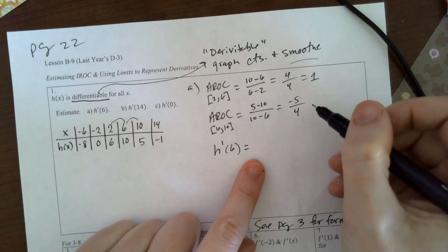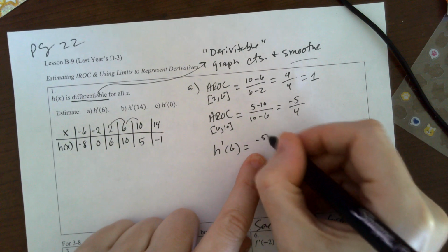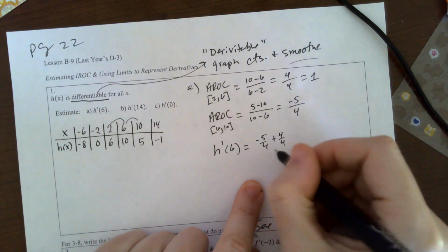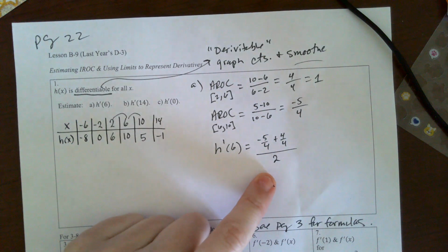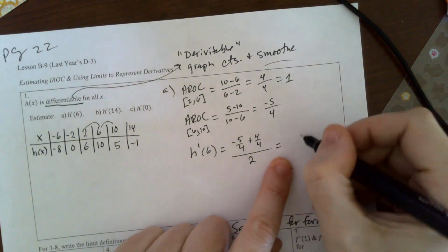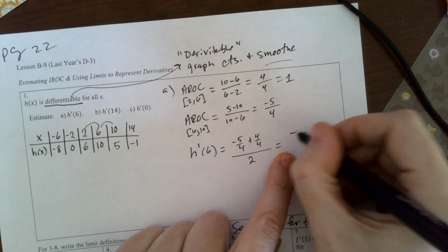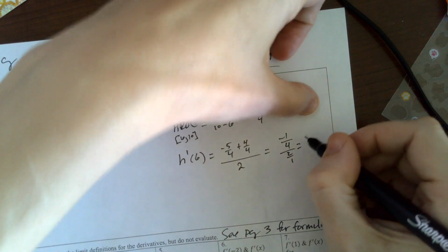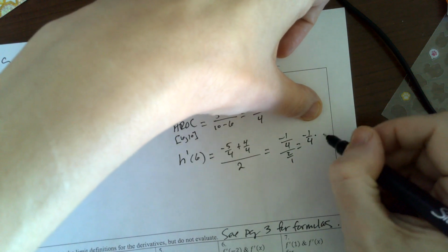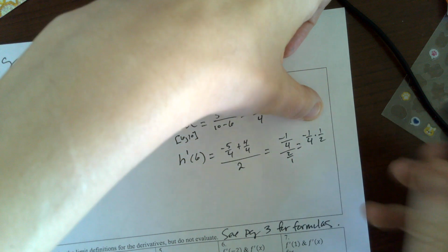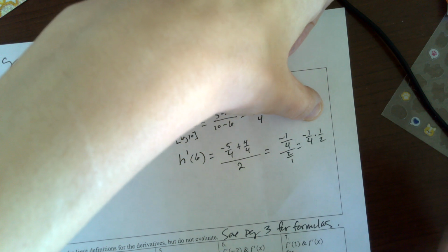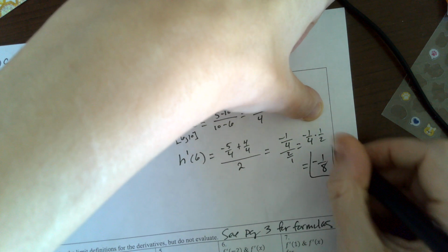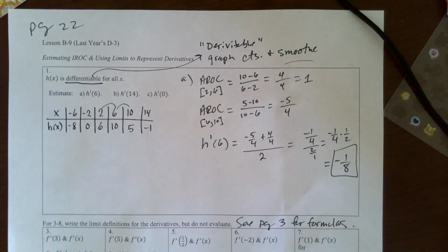It's going to be negative 5/4 plus 1, which is 4/4, over 2. So I'm averaging the two AROCs. This is negative 1/4 over 2, which is over 1. Keep, change, flip, times. This is an estimate, but our estimate is negative 1/8.